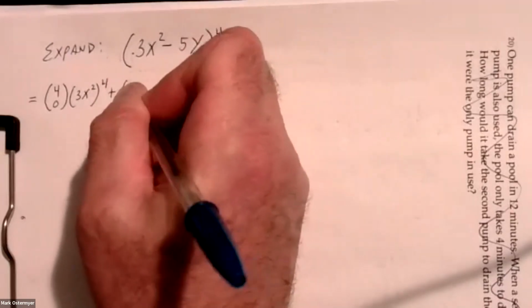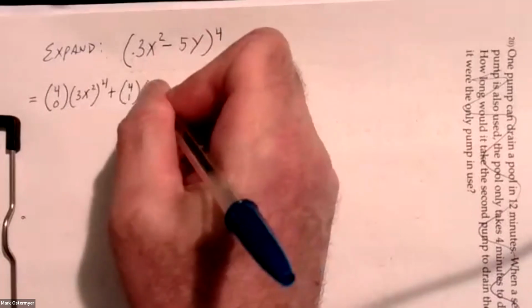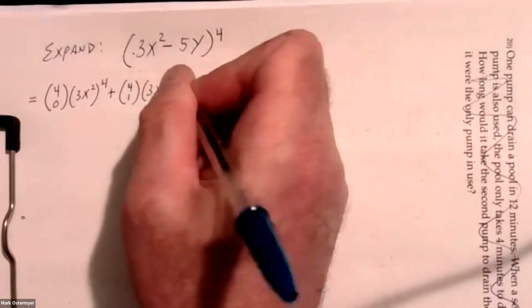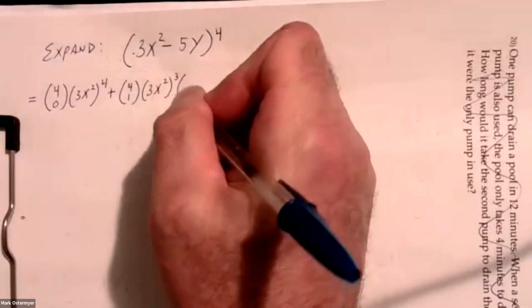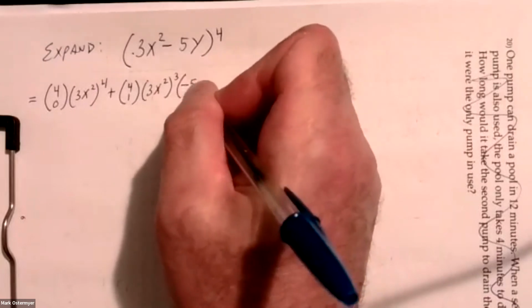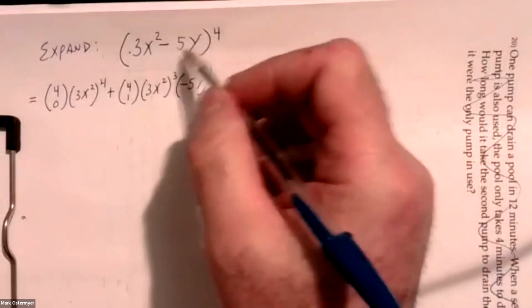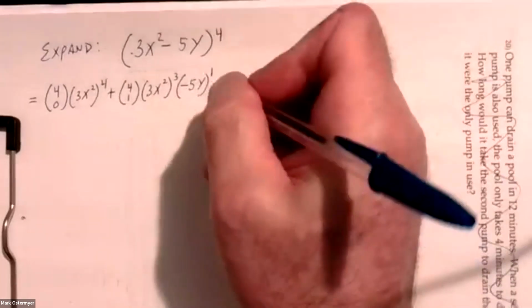Then we're going to have our first term, 3x squared, being raised to the power of the binomial. Plus, next coefficient is 4 in combination with 1. First term's power decreases to the 3rd power. The second term's power increases to the 1st power, negative 5y to the 1st. Yes, the last term of this binomial is negative 5y. Okay.